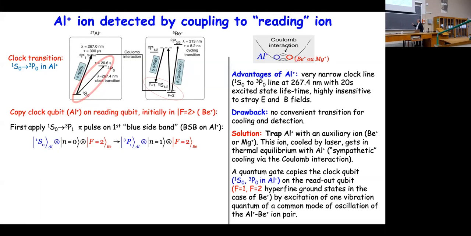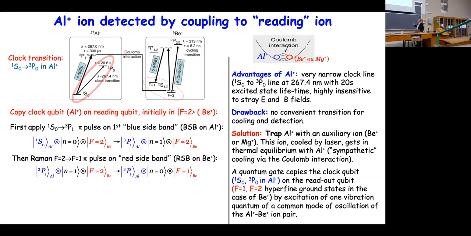So you see this is just a pi pulse on the blue sideband, which creates 1 vibration quantum for the ensemble of the two ions. And then the next step is to apply a pulse to the second one, and you apply now a pi Raman pulse, which will take this n equal 1 vibration quantum and bring the system back to n equals 0, but this time it will act on the qubit of the second ion, F equal 2 to F equal 1.